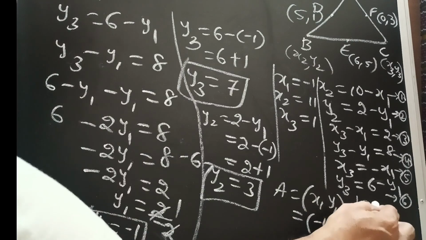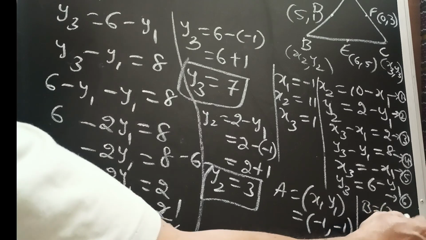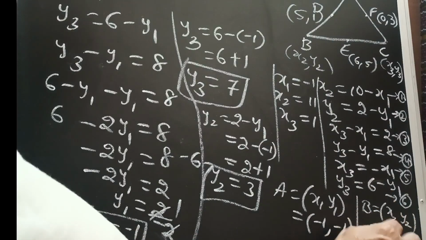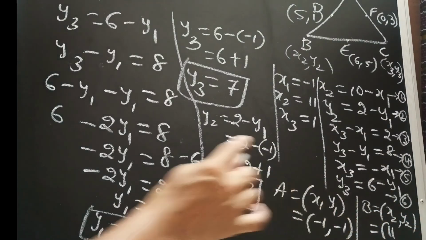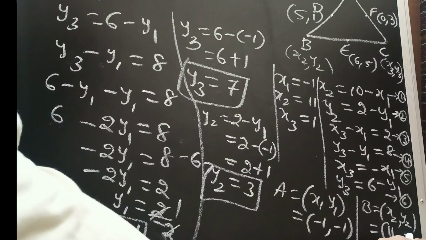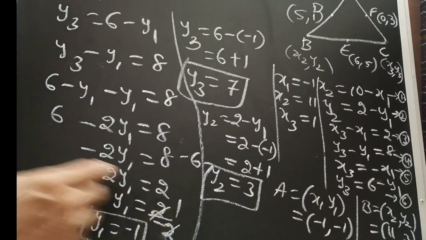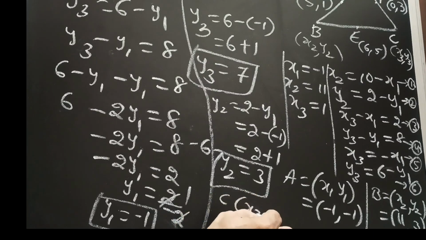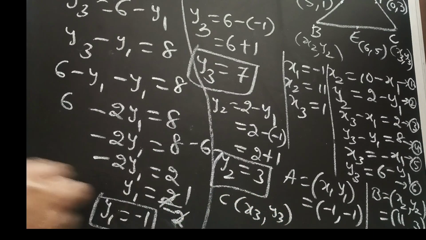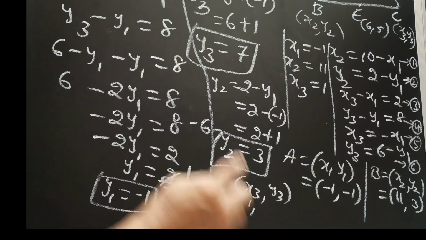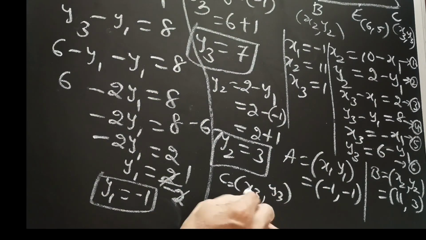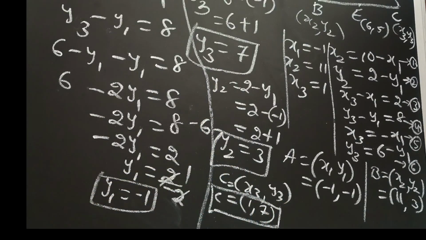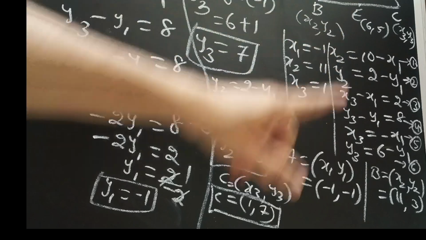Next, the coordinates of b, x2 comma y2. x2 value is 11 and y2 value is 3. So the coordinates of b are 11 comma 3. Coordinates of c, x3 comma y3. x3 is equal to 1 comma y3 is equal to 7. So the coordinates of c are 1 comma 7. So like this we can find out the vertices of ABC.